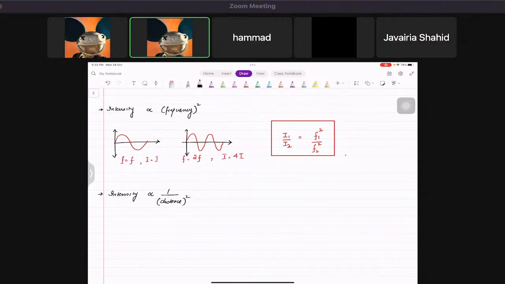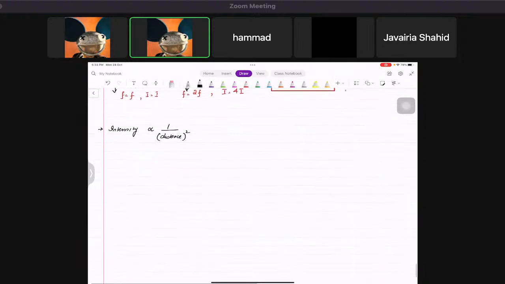So what I mean by this is that suppose there is a source, say a source of light.